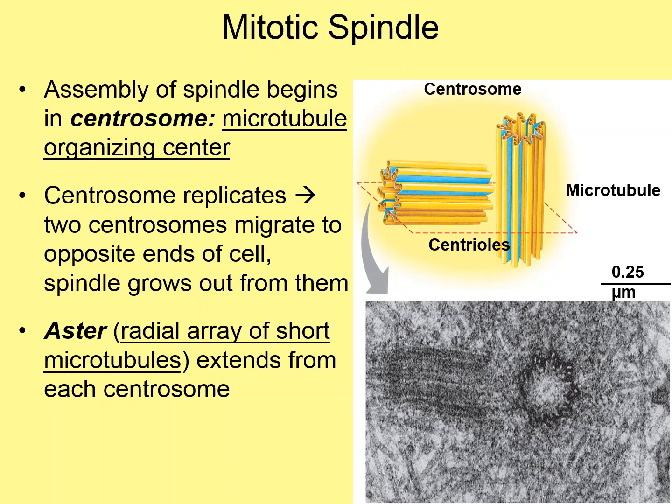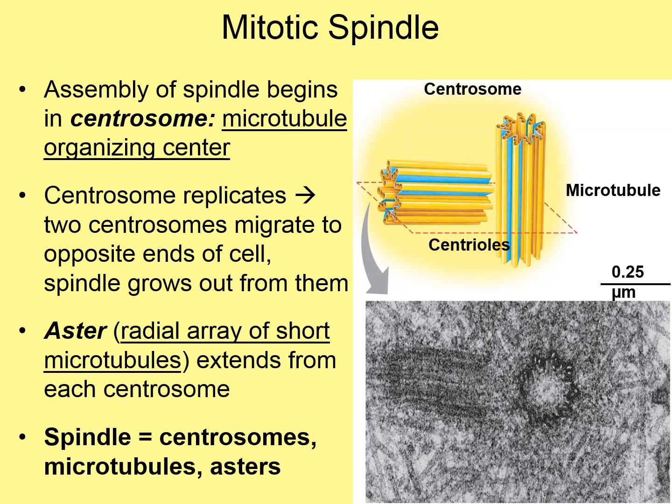So basically, the centrosome is the region that has all of the components that are needed to build the microtubules and to build the centrioles, and the centrioles themselves are basically the anchor points. This star-shaped structure, and then the aster is basically a term for the microtubules that are growing out from the centriole to meet the chromosomes.